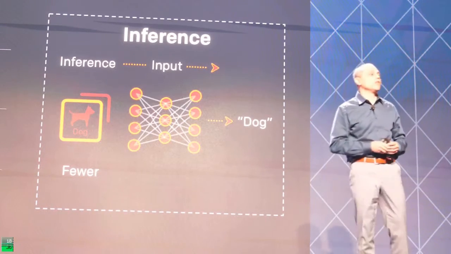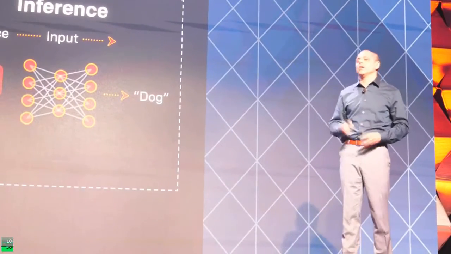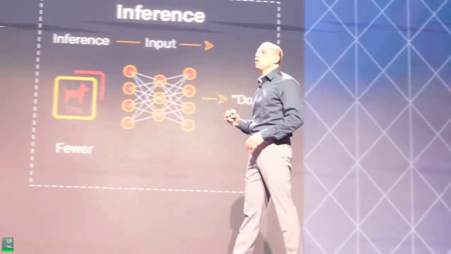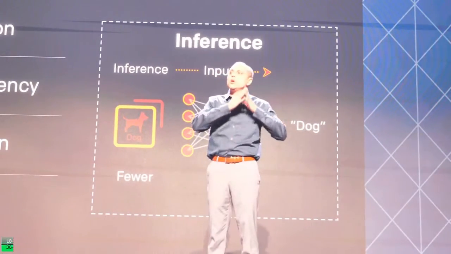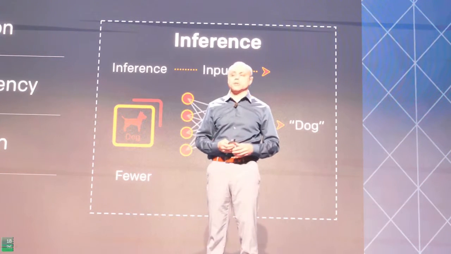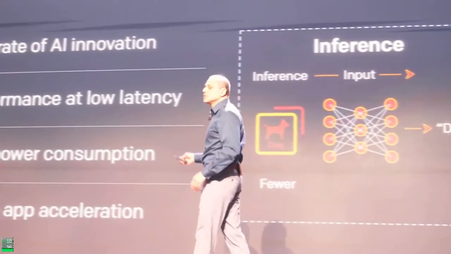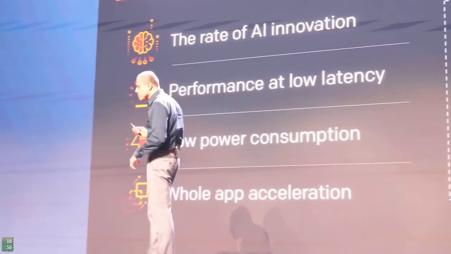The third has to do with power efficiency, not just in edge, but also in cloud. And last but not the least, and Victor talked about that, you need the whole application acceleration, not just your inference engine. You need to accelerate the entire pipeline of functions associated with machine learning.